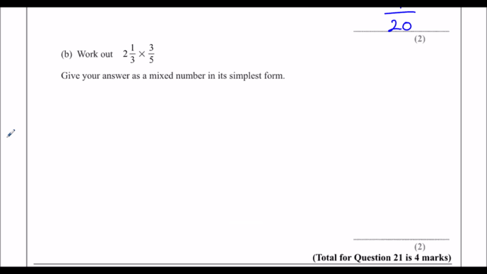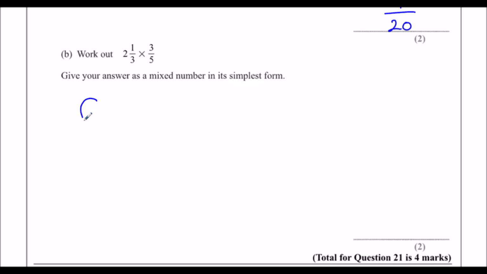Part B says work out 2 and 1/3 times 3/5. Give your answer as a mixed number in its simplest form. So to multiply fractions, we need to get rid of this mixed number. We need to make it into an improper or top-heavy fraction. So we've got 2 whole ones and 1/3.